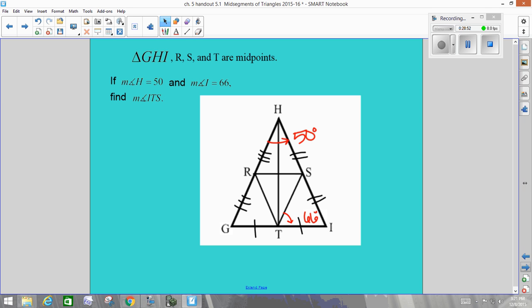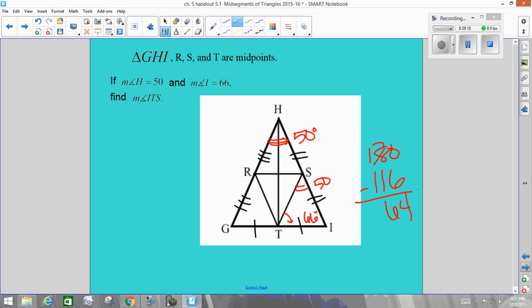Well, T is the midpoint, but does that mean the whole segment's cutting it in half then? Sam? Okay. Like this? And that'd be 64?